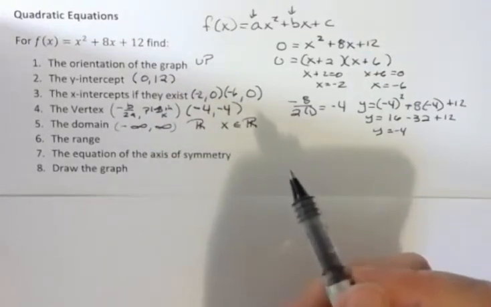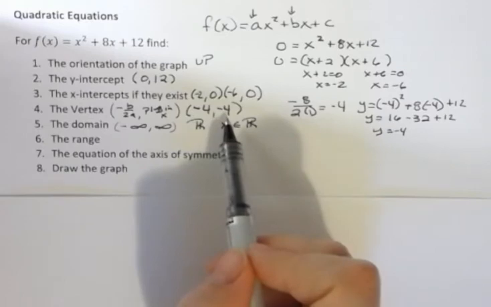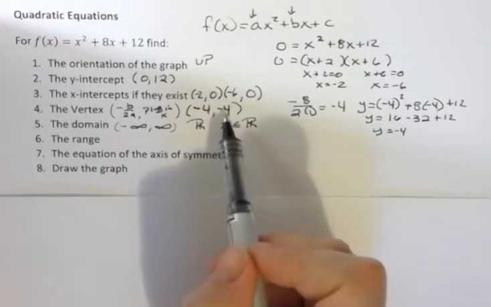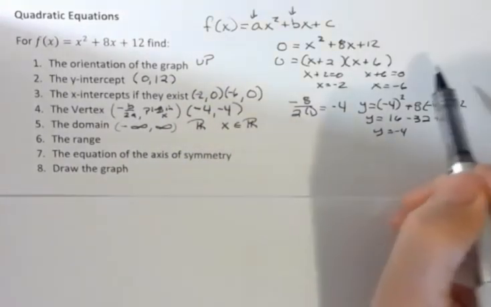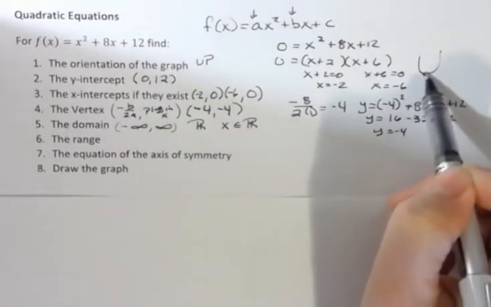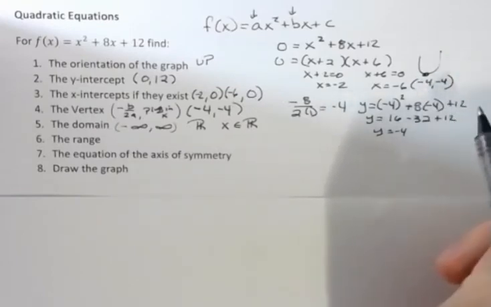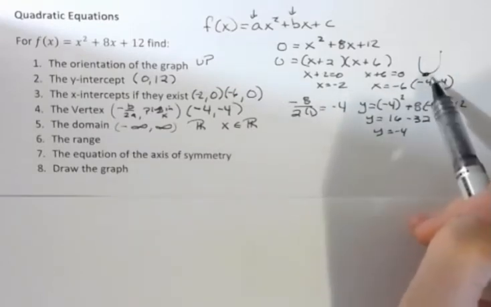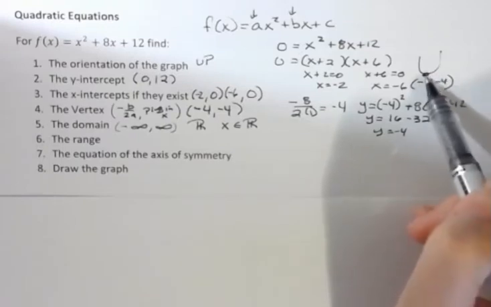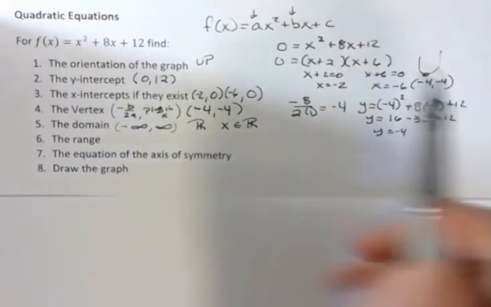The range, though, has to do with the vertex. Where's the lowest point? In this case, it's the lowest point, because we know that it's opening up. So our graph has an orientation that looks like this. So down here, negative 4 is going to be our vertex. And that means that y can be negative 4 or higher, but it can't be anything less than that.